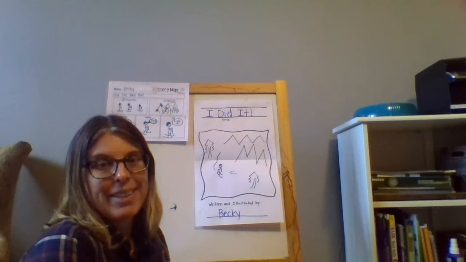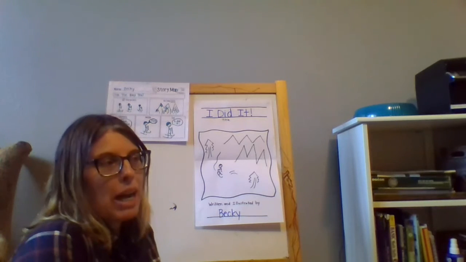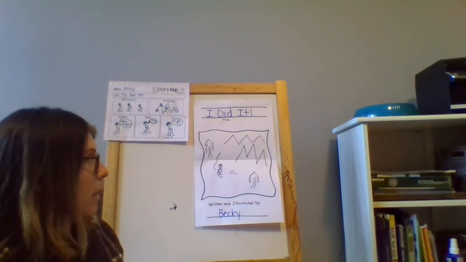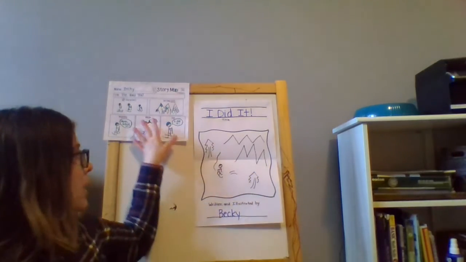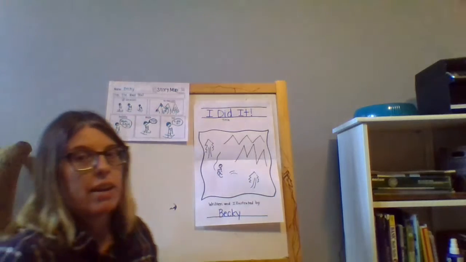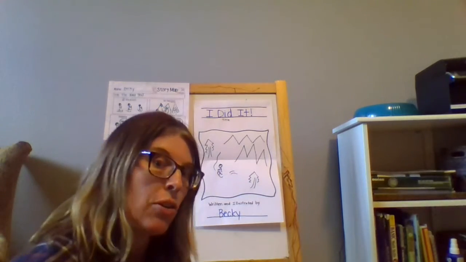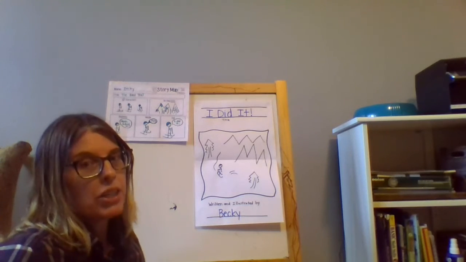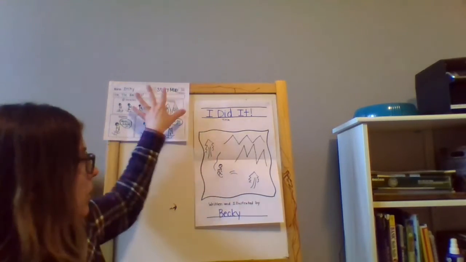Okay? So I want you to go ahead and work on your book, whatever stage you're at. You could be already finished with one book and you're ready to do a new story map and start over again. I no longer know where you are in this process, so you're going to have to decide each day what stage you're at. You know how to do a story map.